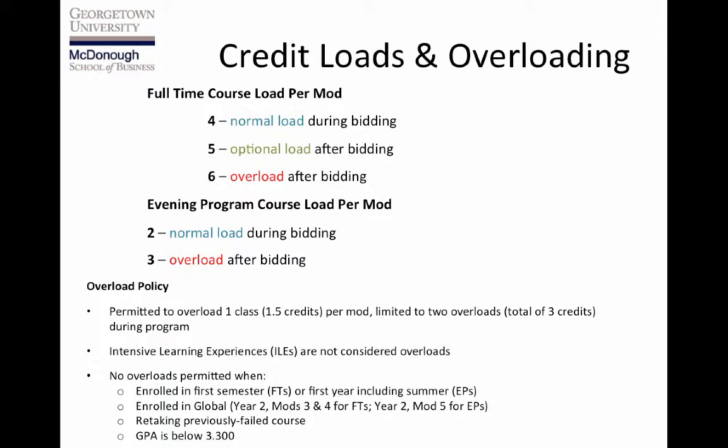It's important to note that 5 courses in a mod is not an overload. 6 courses in a mod is, however, an overload, subject to the policy listed below. For EPs, 2 courses per mod is the normal load. 3 courses per mod is an overload, subject to the policy, again, listed below.